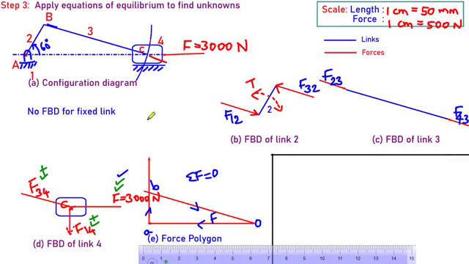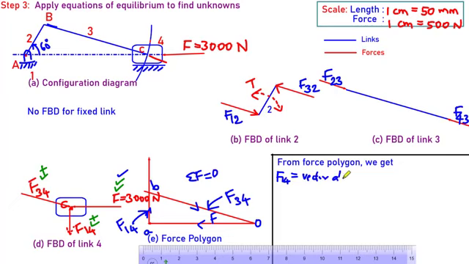Shall we find the unknowns? Yes, now we'll come to the calculations part. This length AB gives us F14, and this length gives us F34. F14 is equal to the measured vector AB multiplied by the chosen scale.